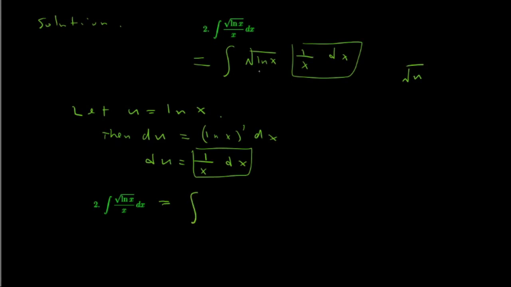As the integral of, for this part we write square root of natural log of x as square root of u, right? Because we want to write everything in terms of u. The stuff in the box is in terms of u as du, right? That's what I meant by writing the given integral entirely in terms of u. Again, I do not want to see x and u in one integral.